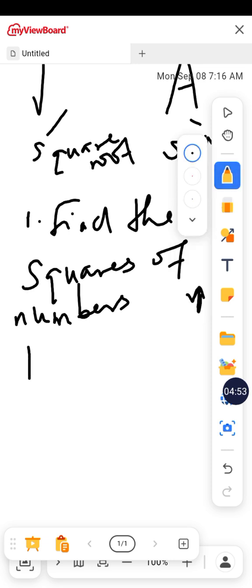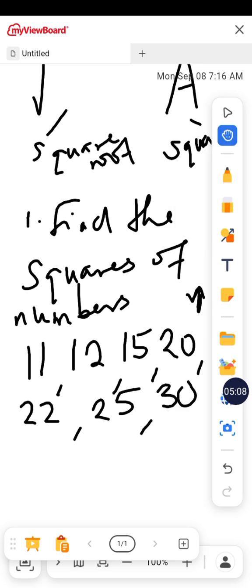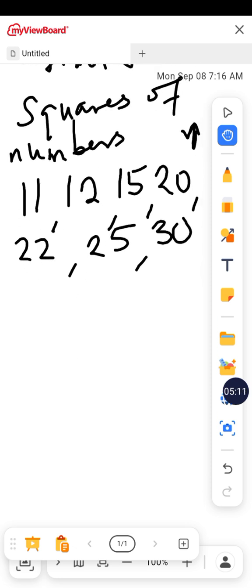Let's say 11, 12, 15, 20, 22, 25, 30. Try to find the squares of these numbers.